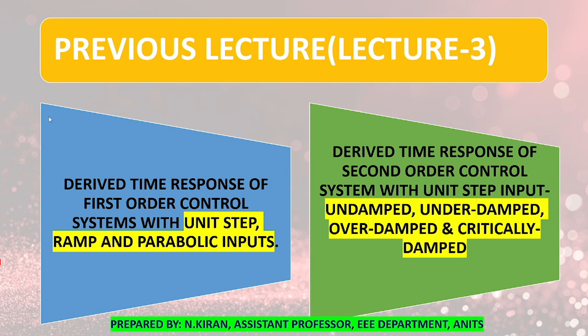In my third lecture, we have derived the time response of first order system with unit step, unit ramp and unit parabolic inputs. We also derived time response of second order system with unit step input for underdamped, undamped, overdamped and critically damped cases.